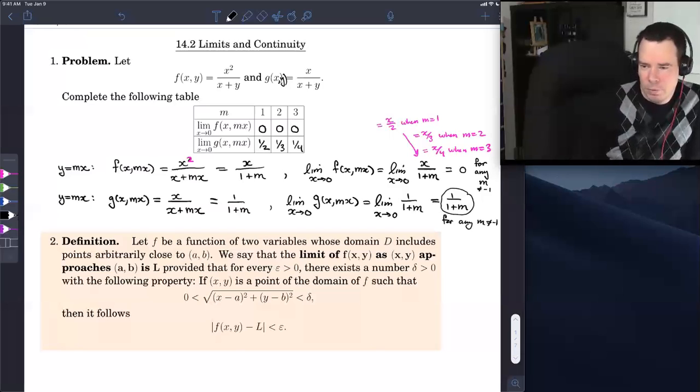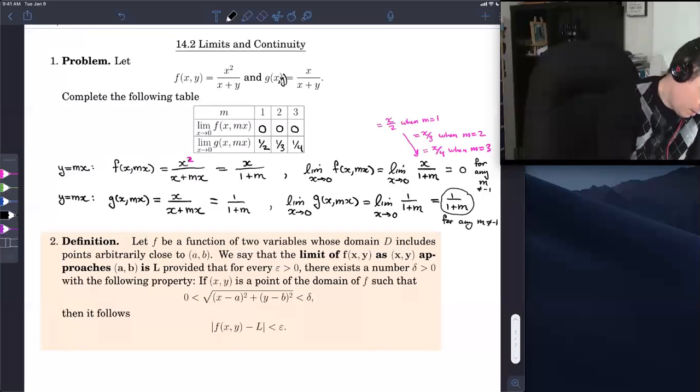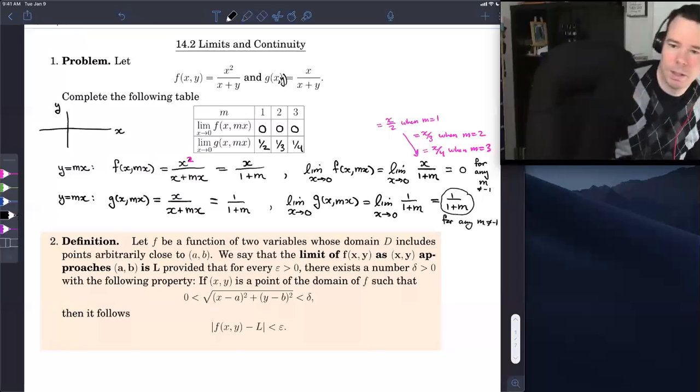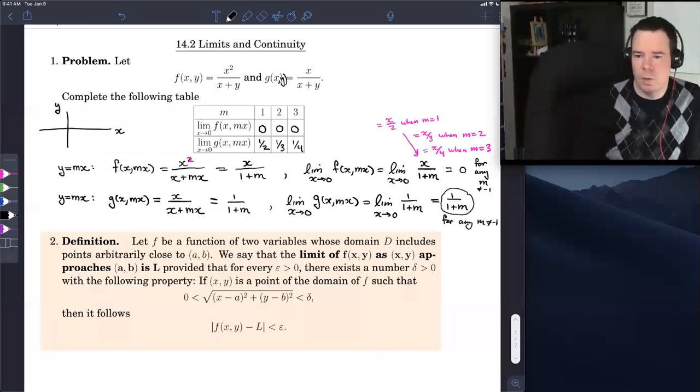Now, if you think about what we've done here with f, with this plugging in y equals mx, we can think of this in terms of our input plane. So where are our values x and y coming from that we're plugging into our functions f and g?